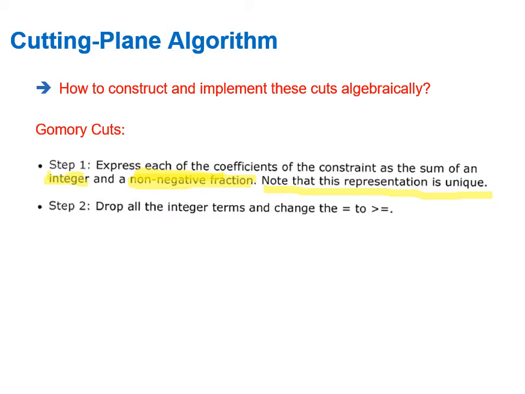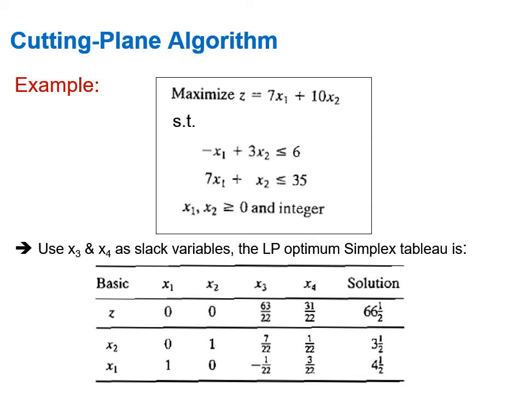So let's continue. Okay, if we solve the example problem, this maximization problem, using the simplex algorithm, the first thing that we need to do, remember in the simplex algorithm, we first need to convert these constraints into equality form, into standard form. So we need to add slack variables here to make them equality.